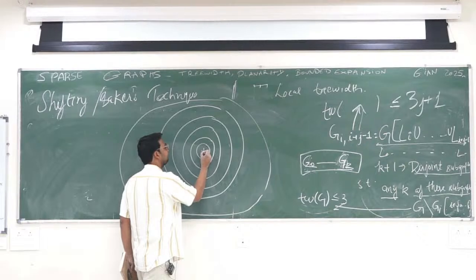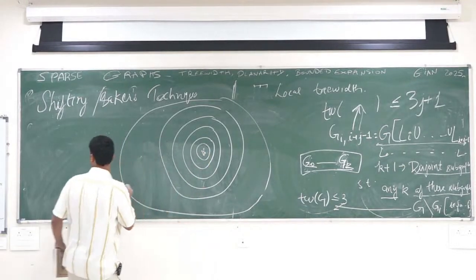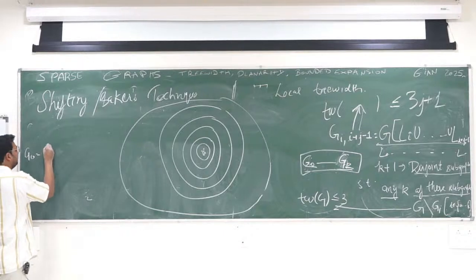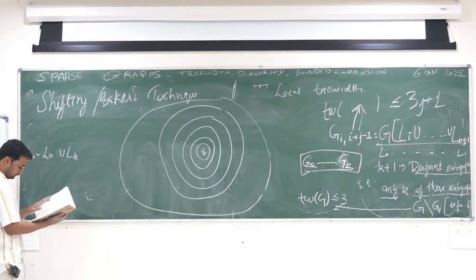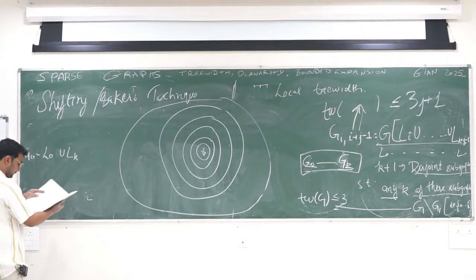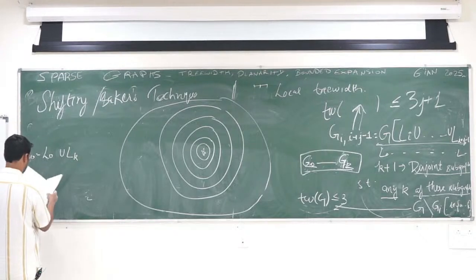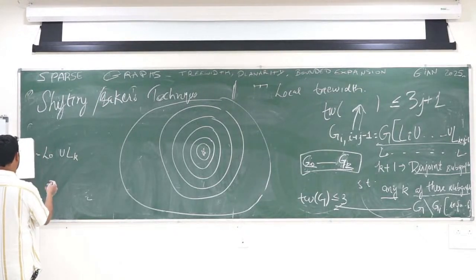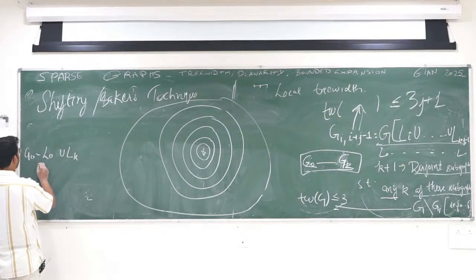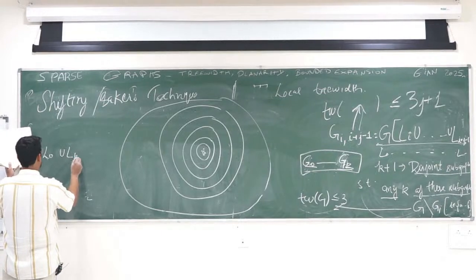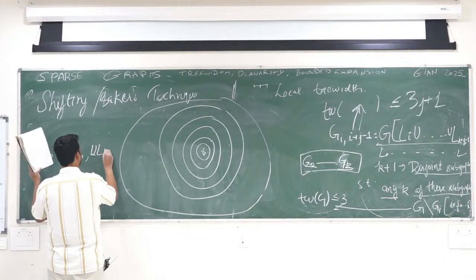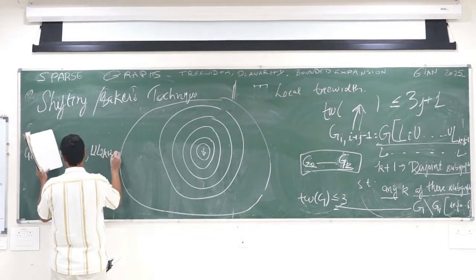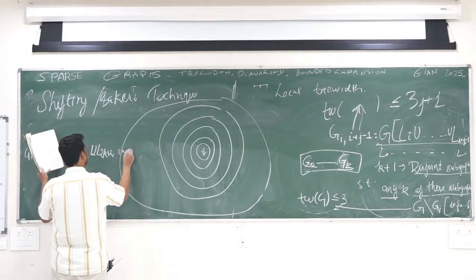So this is L0. So my G0 will be L0 union, just a moment, just so that you don't make a mistake. G0 is equal to L0 union Lk plus 1 union L2k plus 2 union L3k plus 3, and so on.